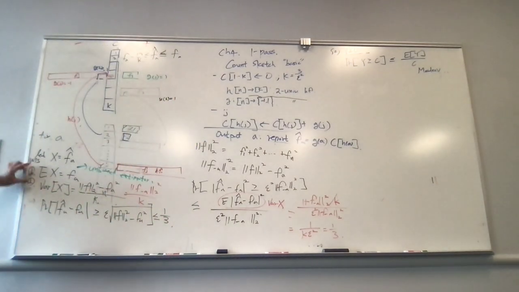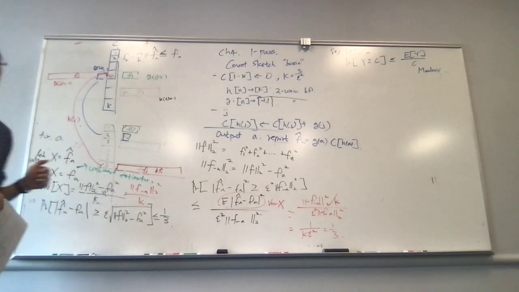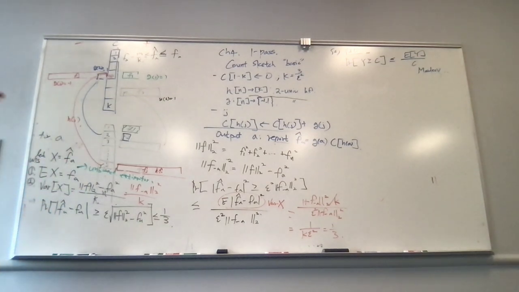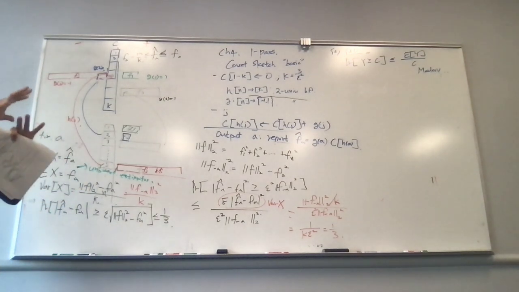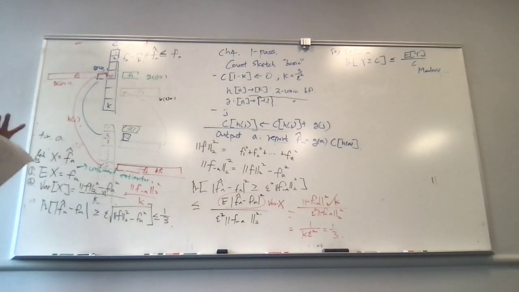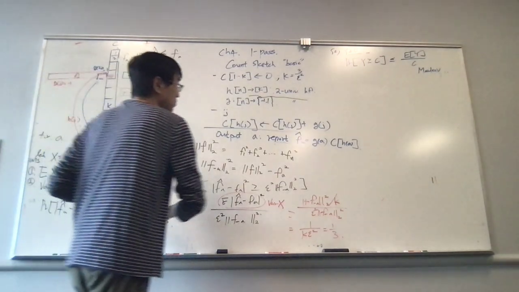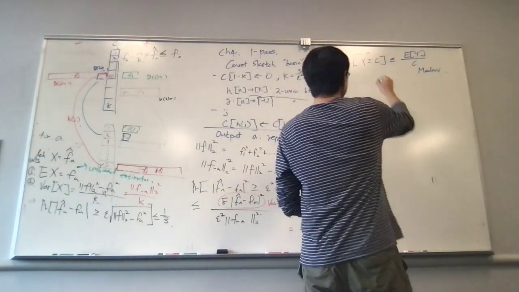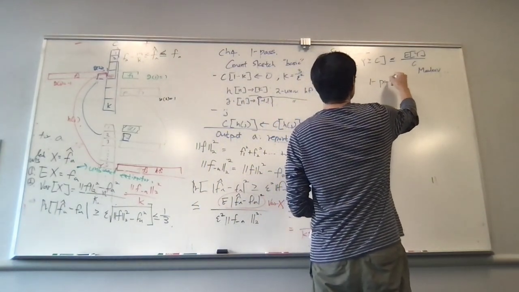I haven't proved this yet, I'm going to prove this. But before proving these two main properties, expectation and variance, I want to summarize how much memory we use, what the success probability is, and so forth. Clearly this is a one pass algorithm.